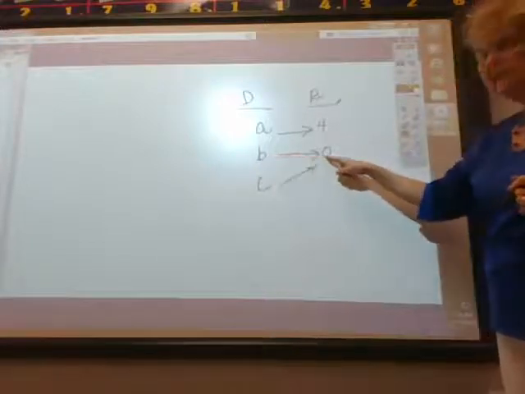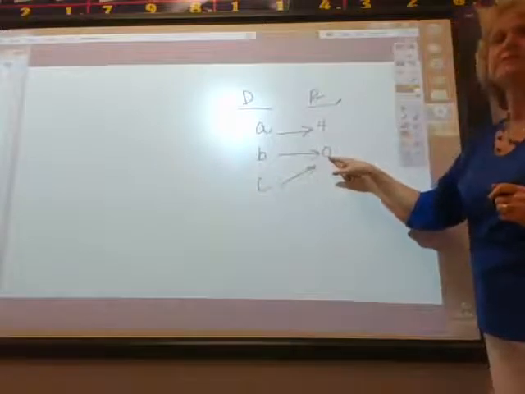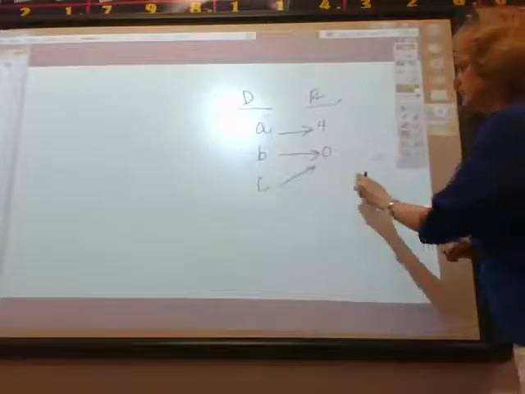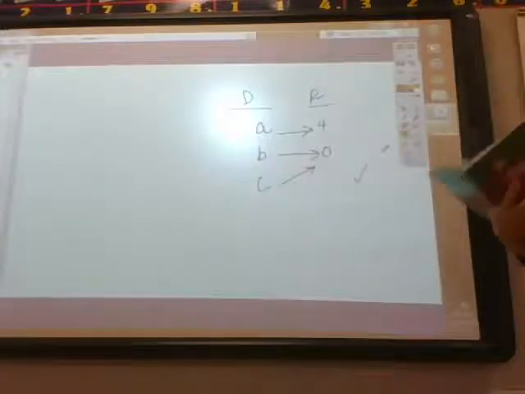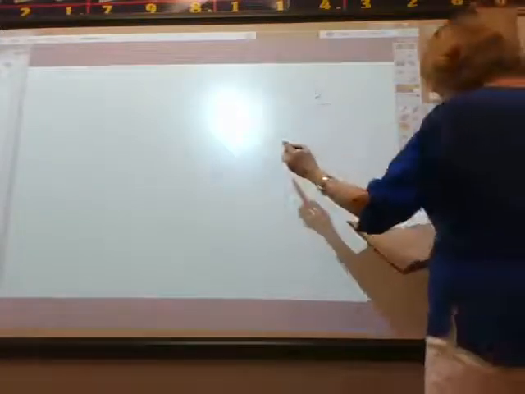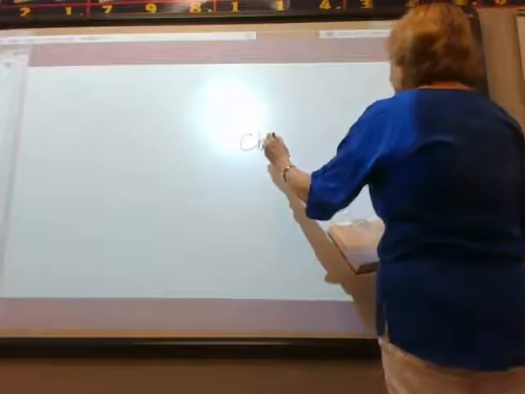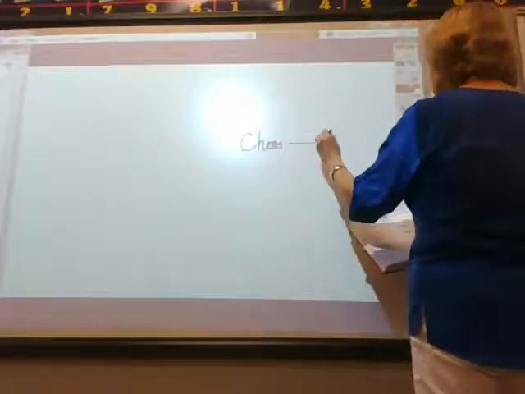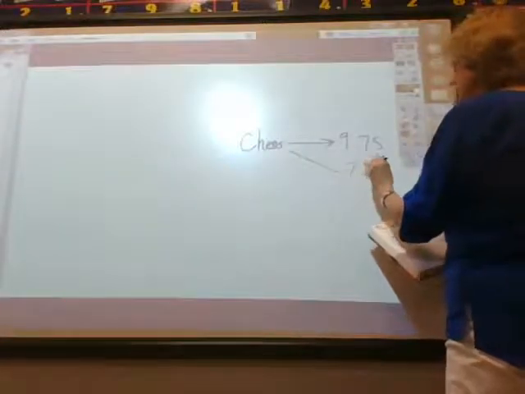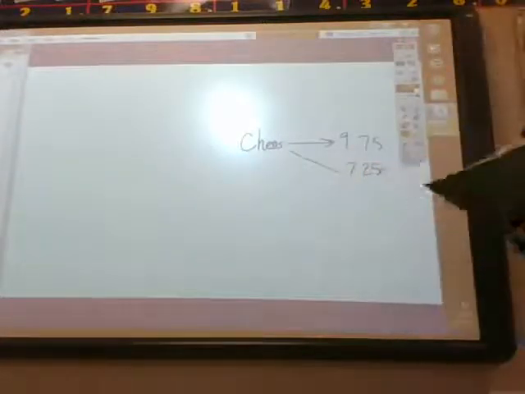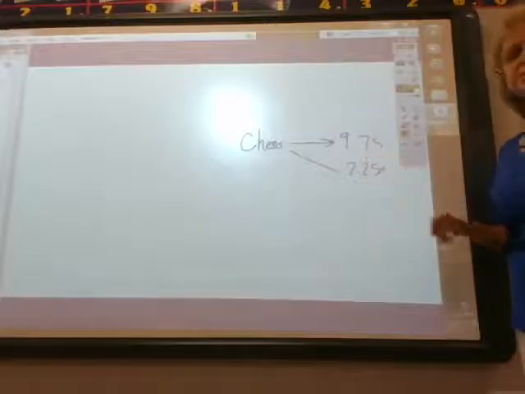Yes. Somebody can be 0 and another person can be 0. That's fine. So yes, that first one is okay. But the pizza one, look over at the cheese pizza. The domain, cheese pizza is $9.75, but then it's also connected to $7.25. The same size pizza cannot be 2 different prices.